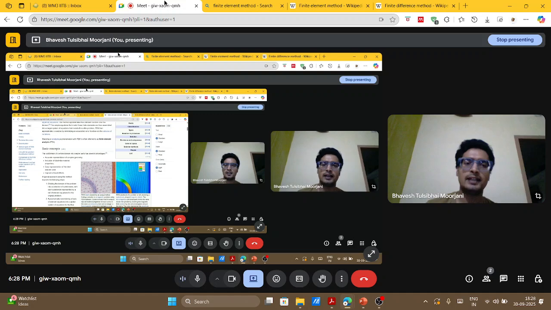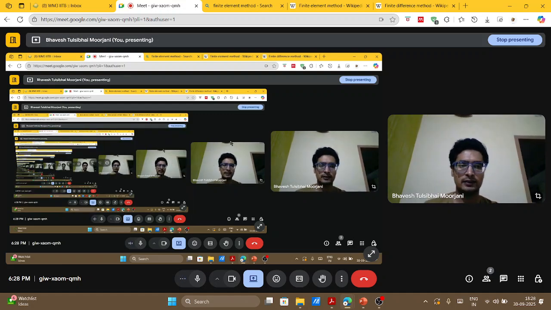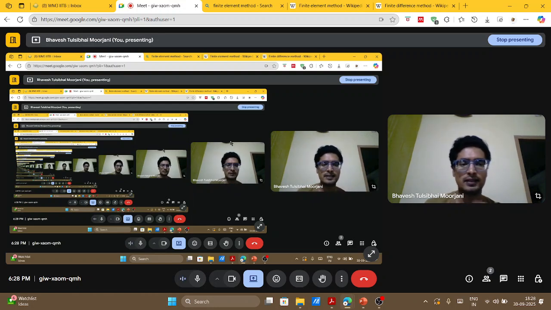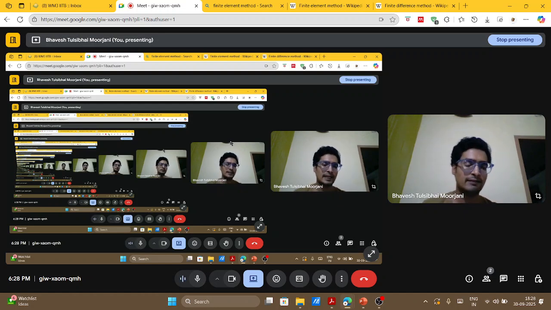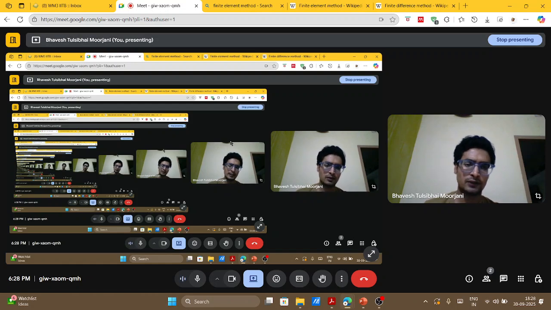But unlike your finite difference method, where you divide your system into fixed width, so in the previous case, in the rectangular fin case, we moved at every delta h, right? So you select the delta h in x and y, and then you create this grid, so that width is fixed, so your points are also fixed, right?